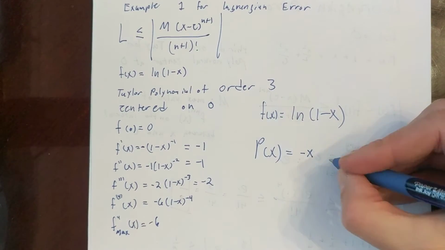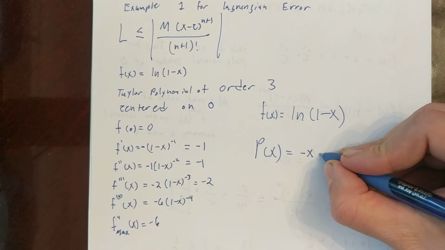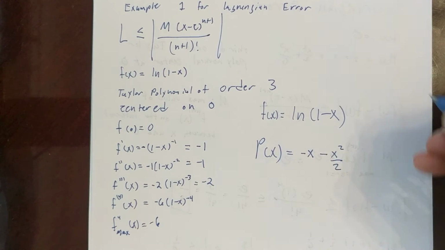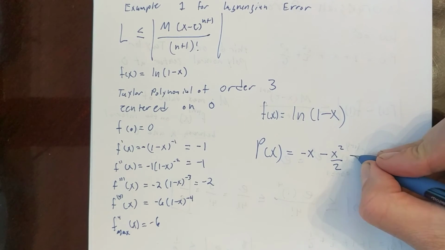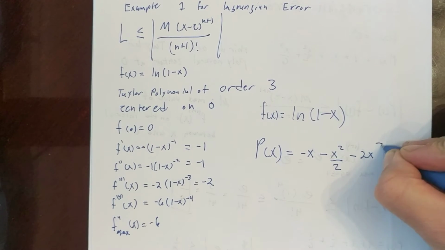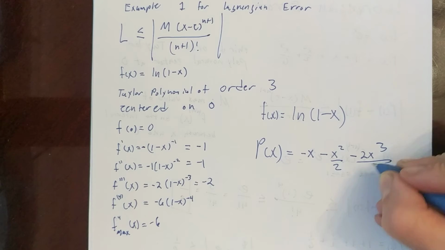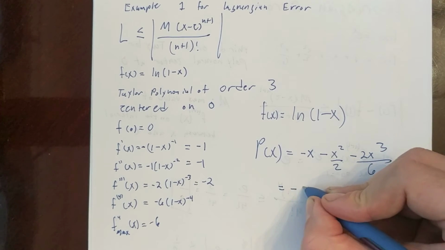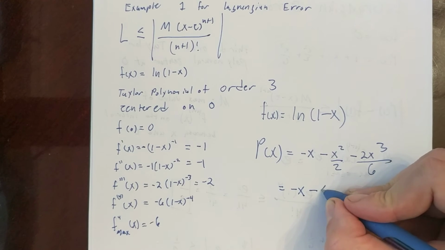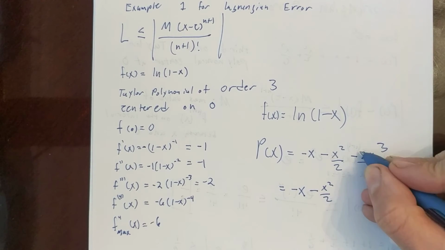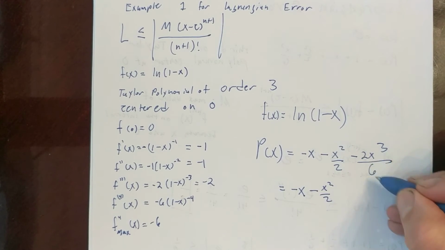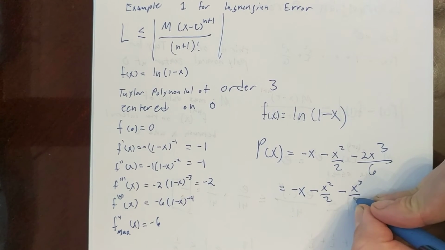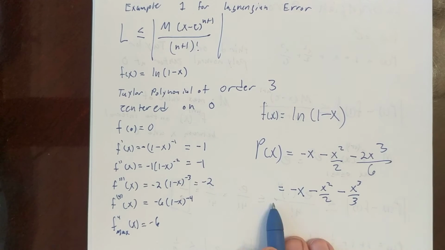Then the next one is minus x squared over 2, and the last one is minus 2x cubed over 3 factorial, or 6. So in fact, we will actually get negative x minus x squared over 2 minus x cubed over 3. Great, so here's our polynomial.